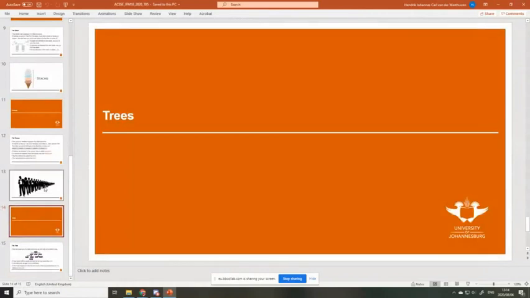Now, the next one, a tree. This is one of my favorite data structures, because you can do so much with a tree. A tree and a graph are two of my favorite data structures, but you'll learn about graphs much later. So when you think about a tree, where does a tree start?